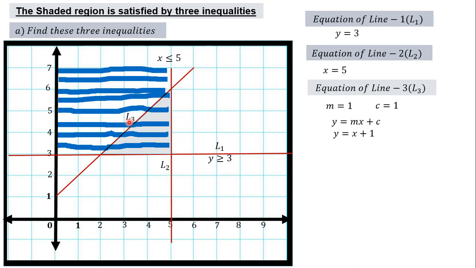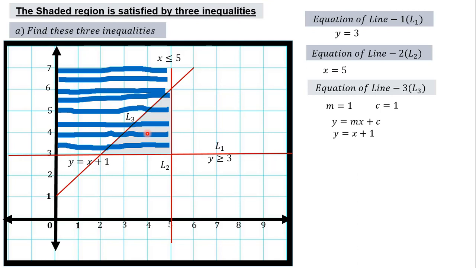Now students, there is one and only one ambiguity left in our shaded region. That is, what we have to write as the inequality for the third line, that is L3, whether we have to put the greater than sign or the smaller than sign for this. Just consider any point that is lying in this shaded region. If I consider x equals 4 and y equals 4, I'll be somewhere here exactly in this shaded region.